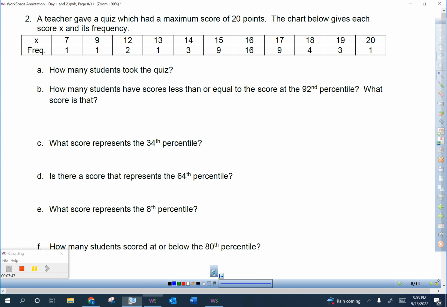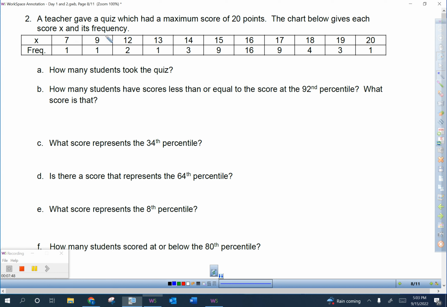Alright, now we're going to just practice when our set of data looks a little bit different. So we did practice with a dot plot, and now what we're going to do is practice finding percentiles in terms of a frequency table. So here it says a teacher gave a quiz that had a maximum of 20 points, and then its chart gives the score X, so this is 7 points, 9 points, 12 points, and somebody down here did get 20 out of 20.